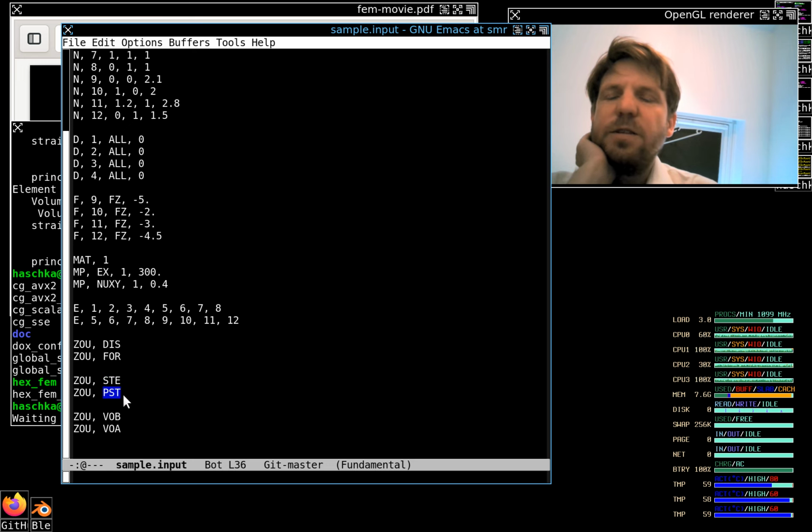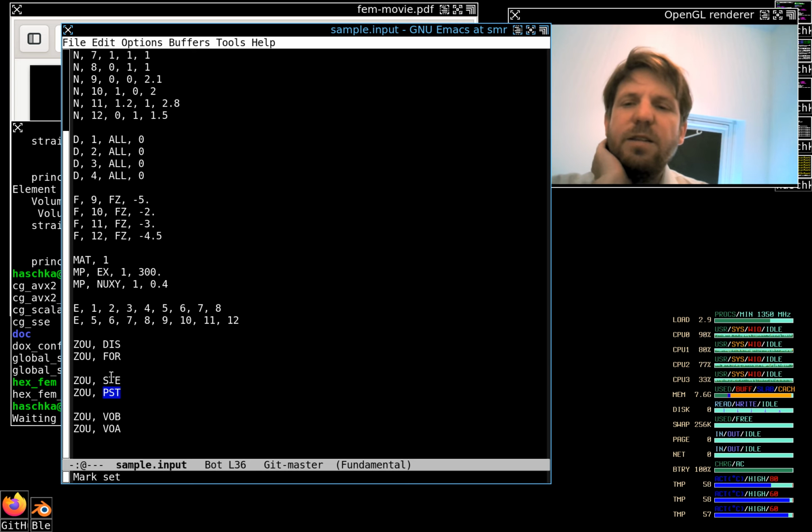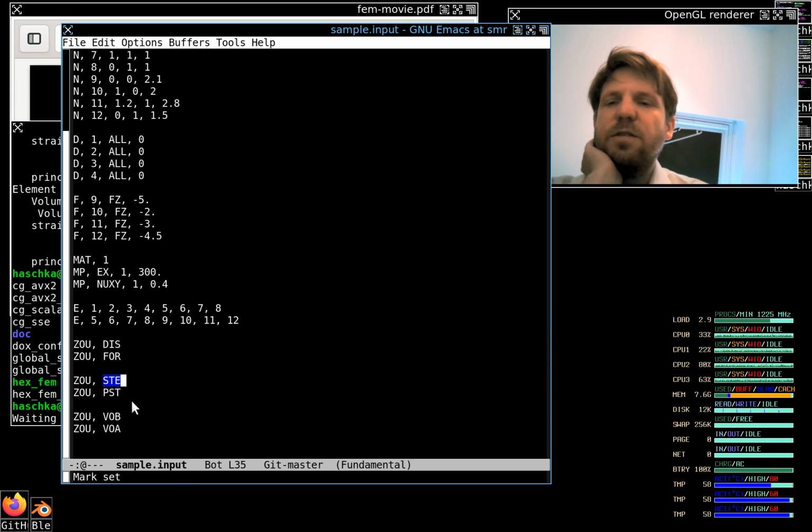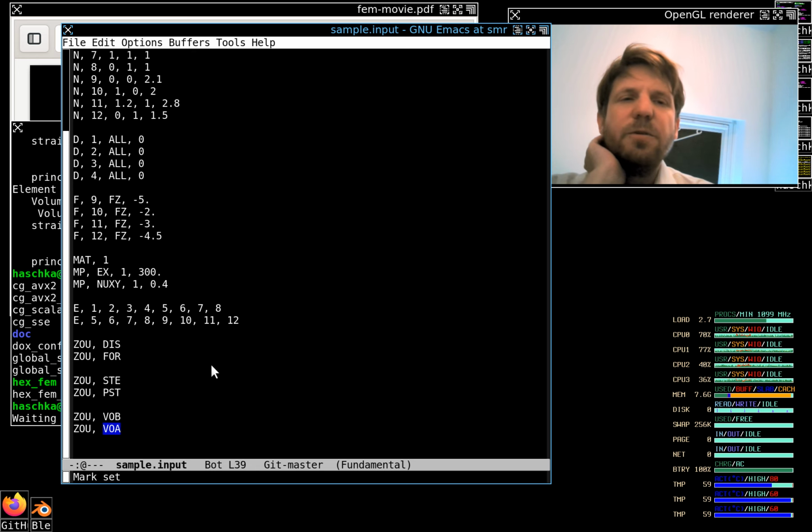You want to have the principal strains, so this calculates the eigenvalues of this strain tensor that we have here. And then you want to have the volume before and the volume after deformation for each element. This is basically what this tool can do.